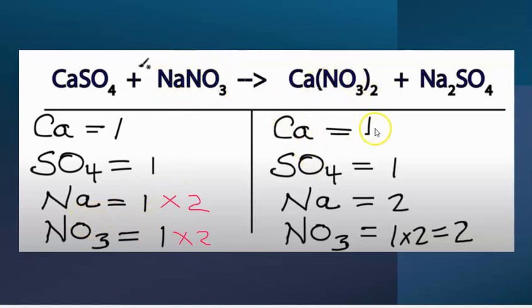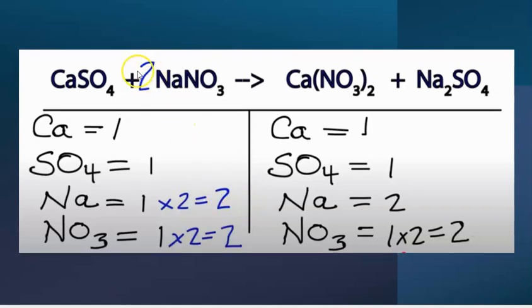On the other hand, you have 1 calcium, 1 sulfate, 2 sodium, because here the sodium has a 2, and 2 nitrate, because this number is affecting the whole ion. So, if I multiply by 2 here, I will balance the equation. Then I will have 2 sodium, 2 sodium, 2 nitrate, 2 nitrate, and the equation is balanced.